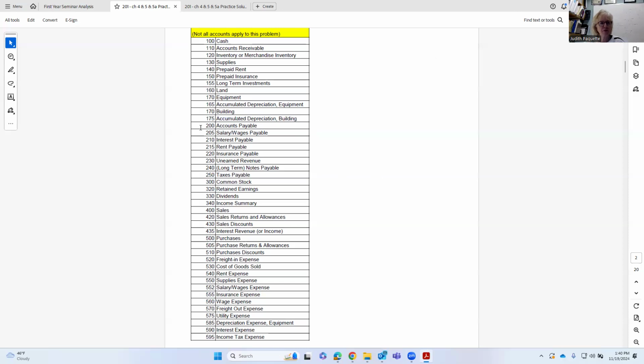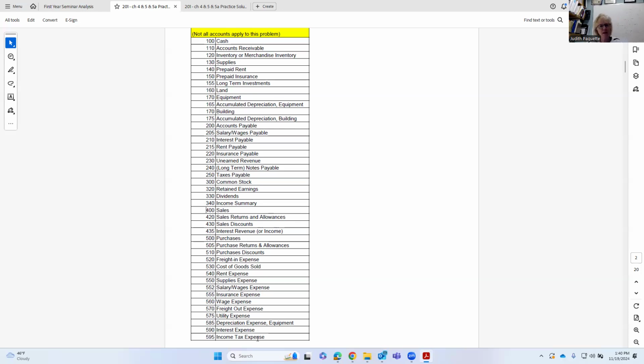First liability, accounts payable. What's the last liability on my list? Taxes payable. Great. Common stock is the first stockholders' equity account, and then dividends and income summary. Income summary we don't use a lot in Accounting 201, but we do use it. Revenue accounts: sales, and the last revenue account, oh sorry, interest revenue. And then all the rest of these are expenses.